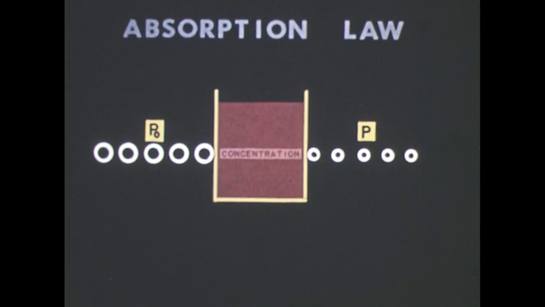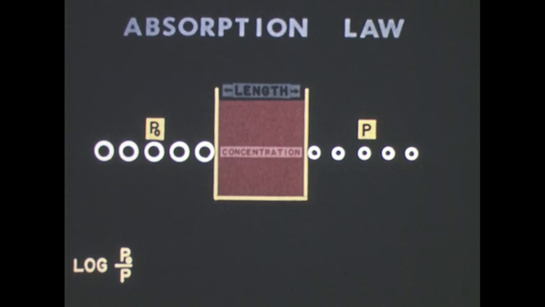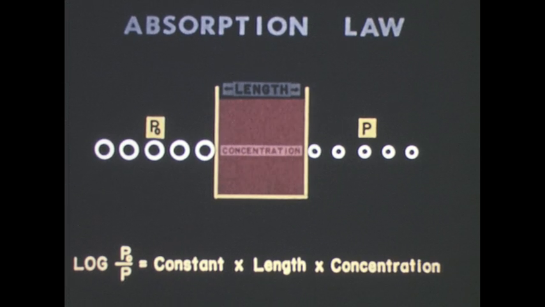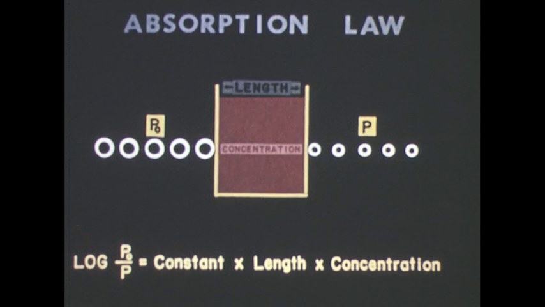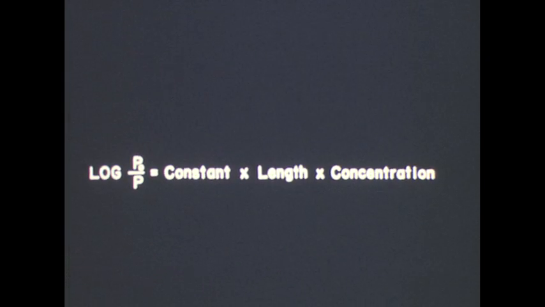Given the solute at a fixed concentration in a cell of a fixed length, the absorption law is log P0 over P equals a constant times the length times the concentration. The constant is a particular value for each solute.